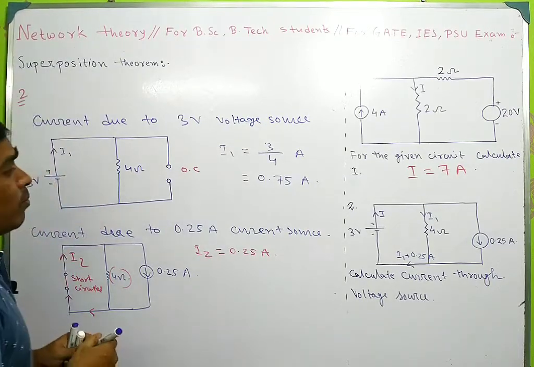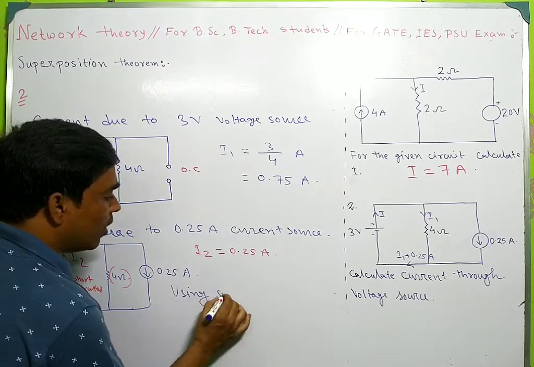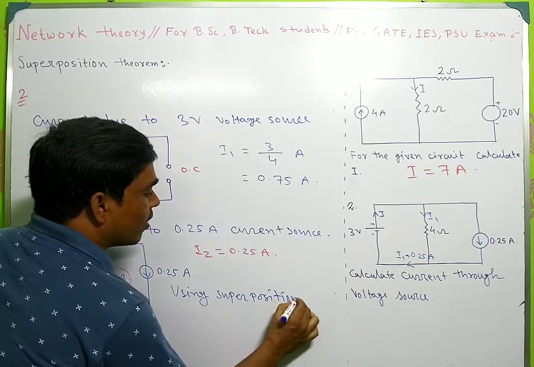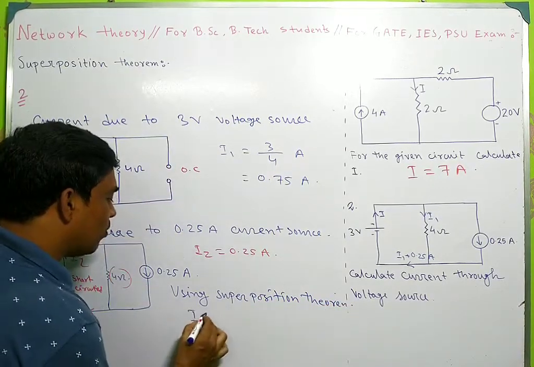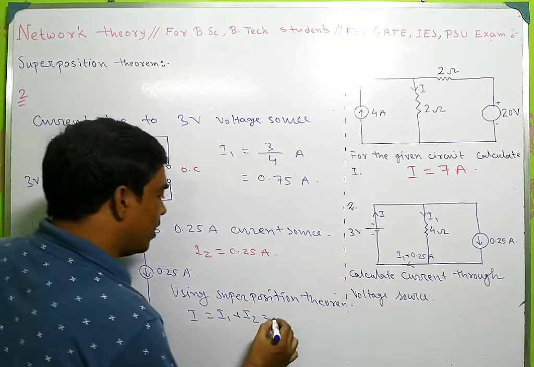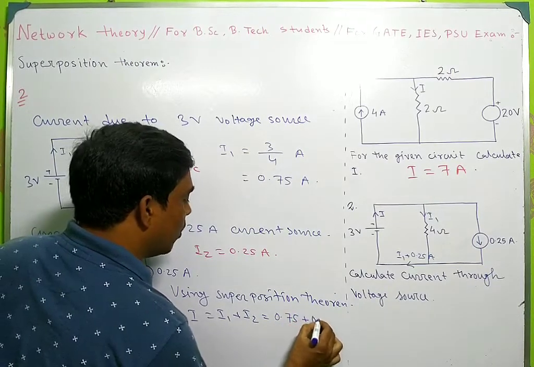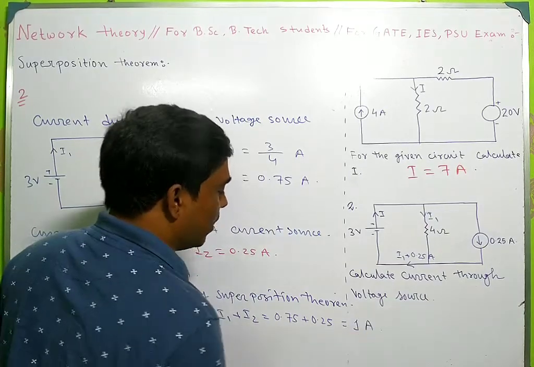Now using the superposition theorem, you can say that I equals I1 plus I2. So it will be 0.75 plus 0.25, so it will be 1 ampere.